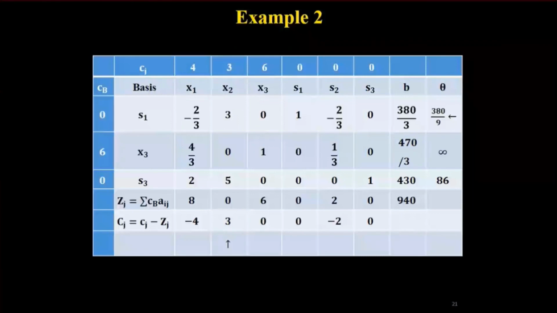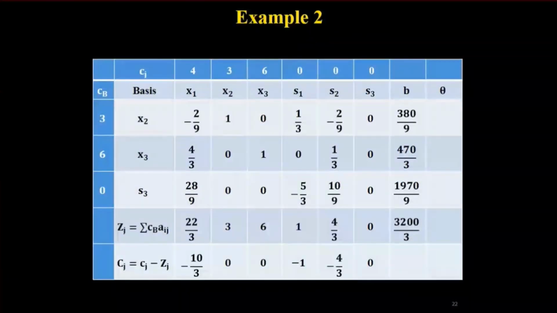Here we end, because we are getting negative values or 0, and this is the optimal solution. This way you can get the solution for a maximization problem, and you can convert a minimization problem to a maximization problem by multiplying z, the objective function, by -1, and get the solution.